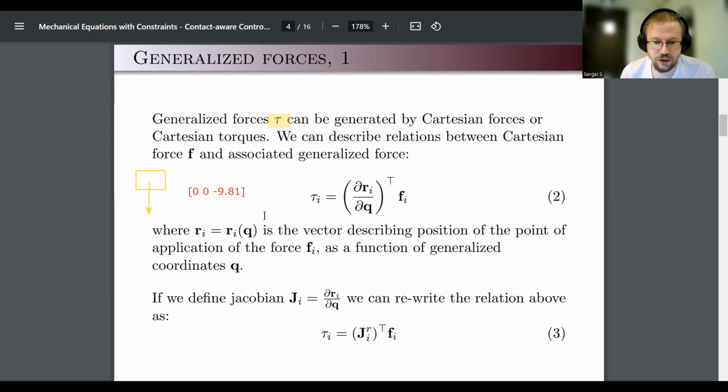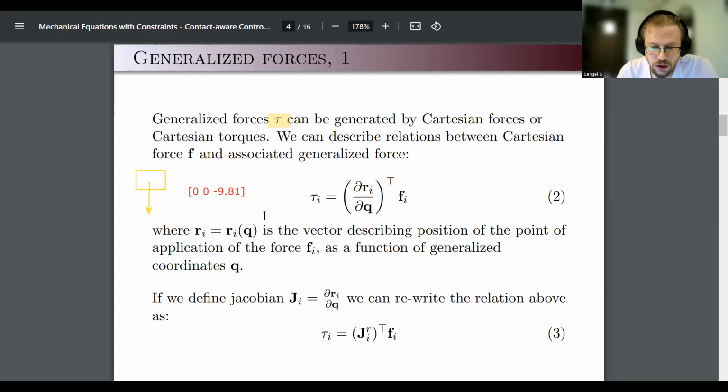So here we have a description of force. Notice it has 3 components. A force like this I would call Cartesian. So it exists in the Cartesian world, the world where we live, this 3-dimensional world, and it would have 3 components. On a plane, a Cartesian force would have 2 components, but we usually deal with spatial mechanisms, so we would usually encounter 3-component Cartesian forces.